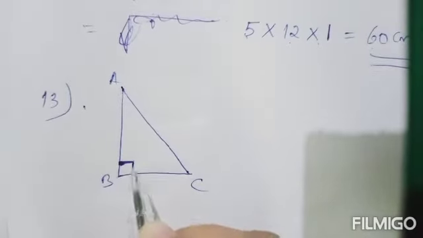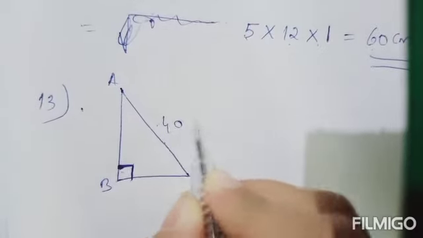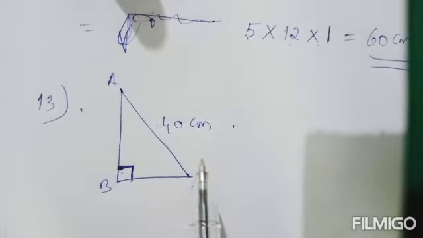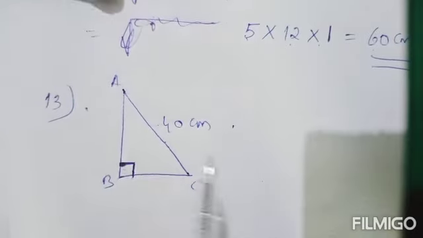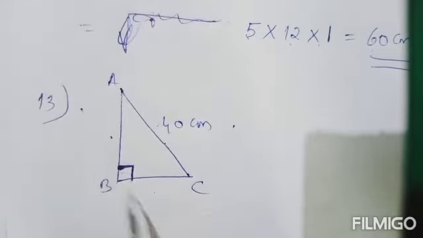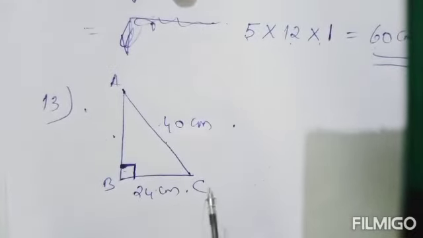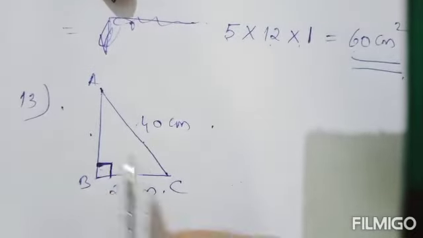So this is the hypotenuse and it is given 40 centimeter. And one of the other two sides is 24 centimeter. Any side you can take as 24 centimeter. You have to find the area.